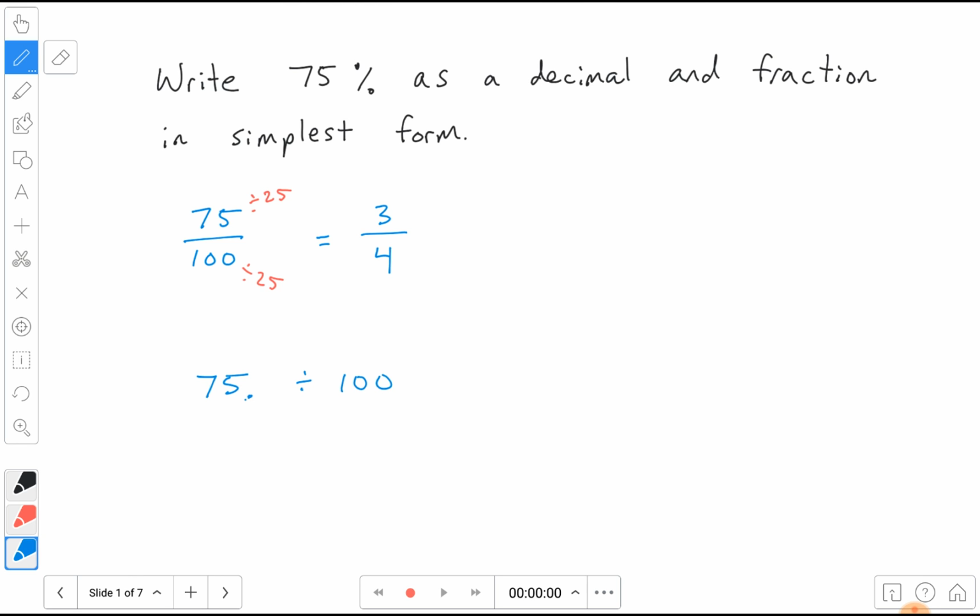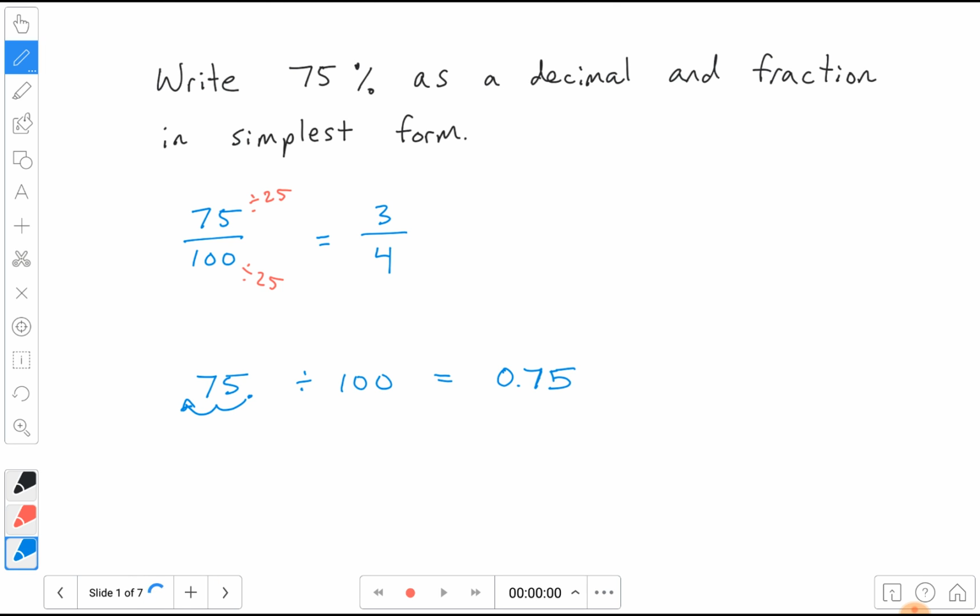We're going to move it 2 spots to the left. So 75 divided by 100 would give us 0.75. So writing out 75% as a decimal, it's 0.75. It's 75 hundredths.